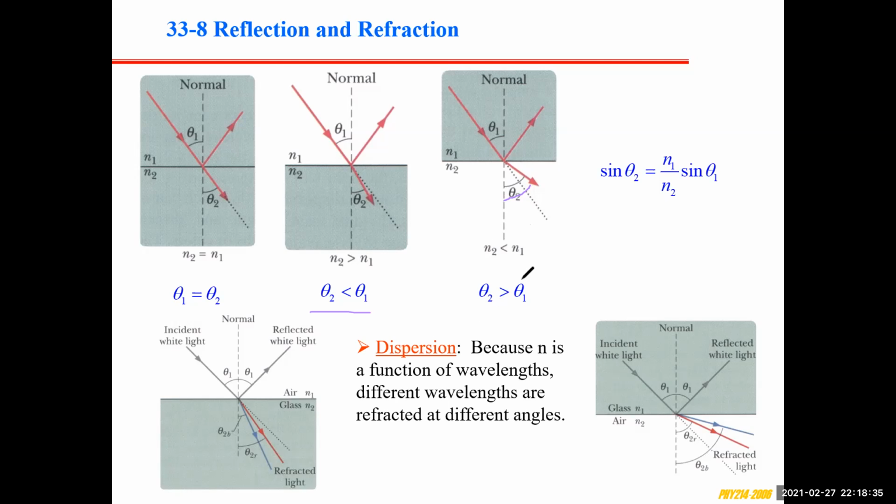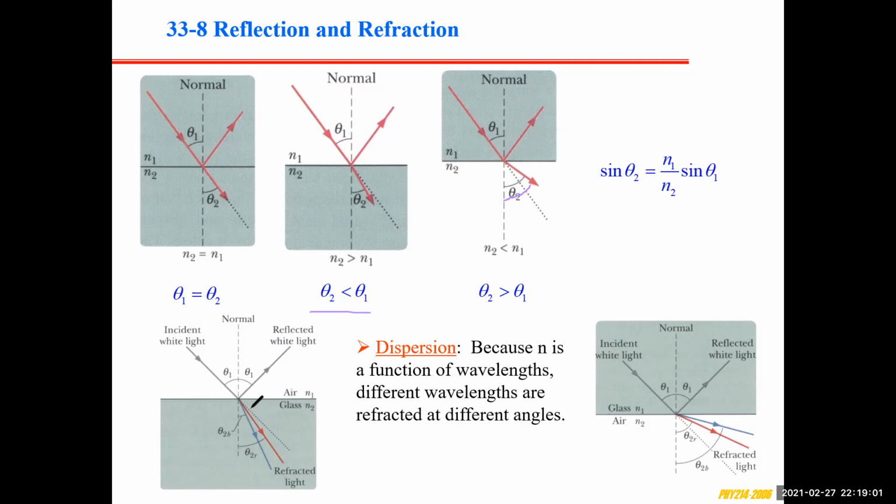The other phenomenon that you sometimes see is when you have white light striking a surface, and in the refracted ray you will see different colors of light instead of one single light ray.